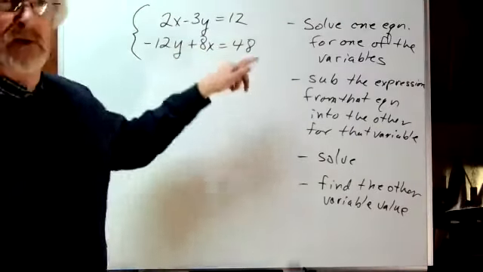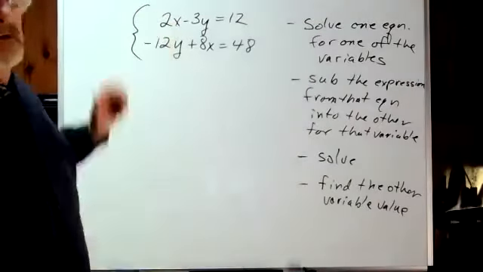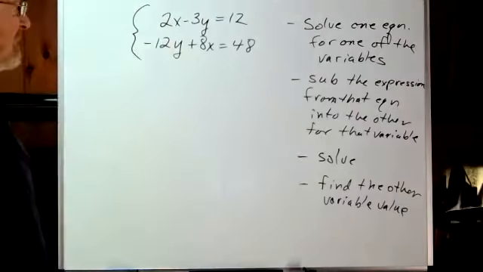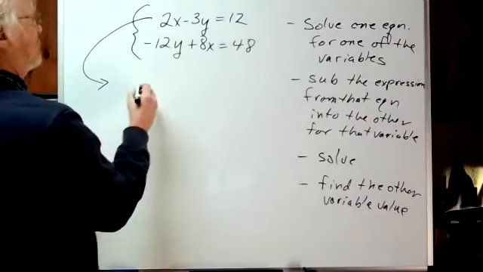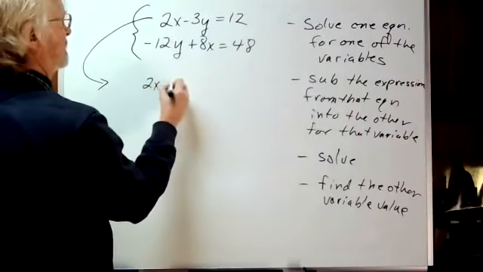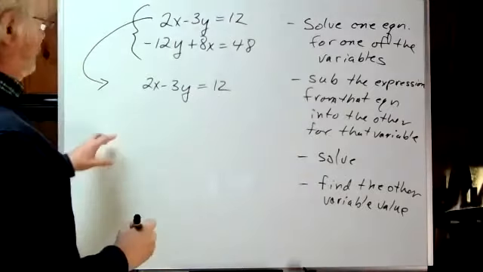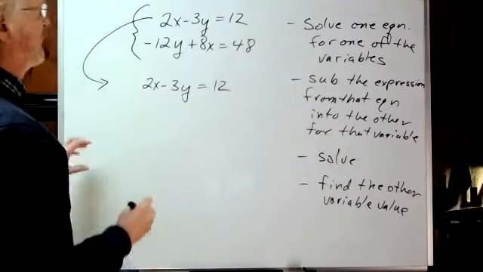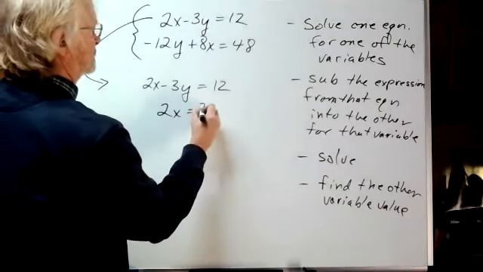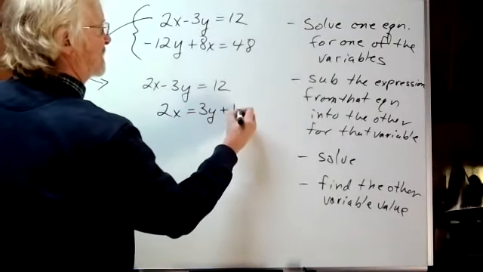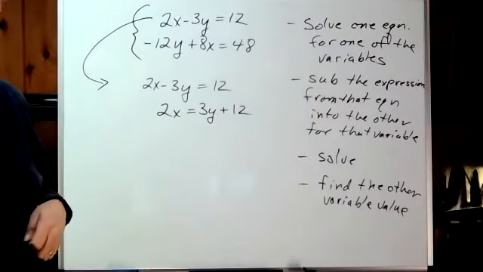So I'm going to solve for the x up there. It's like the smallest number to worry about. So I'm going to show some steps here. All right, so I'm going to add the 3y to both sides. Now I'm going to divide everything by 2.